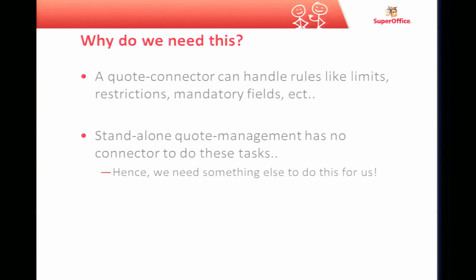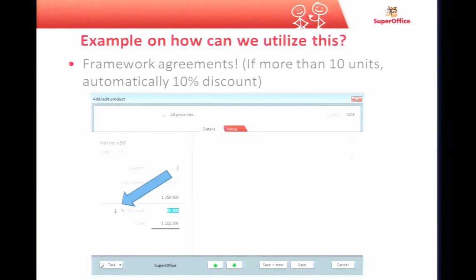So this is actually on how we can control the application with scripts. And this is the new add or edit product line dialog. It works like this, that based on what you enter into the dialog, you can do something with the application.